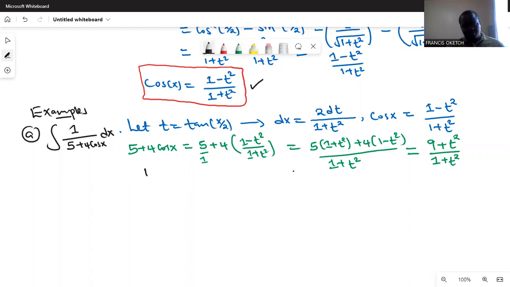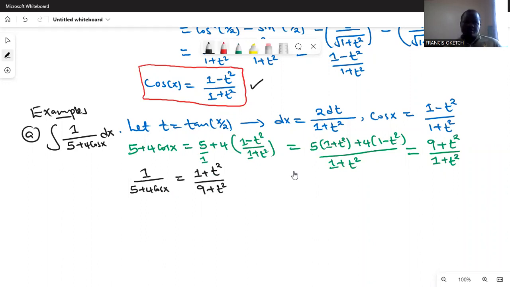Now we want the reciprocal. So now we are saying 1 over 5 plus 4 cos x. What will it give us? It will give us 1 plus t squared over 9 plus t squared. So that's what you need to integrate now.